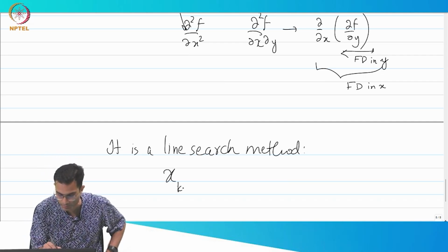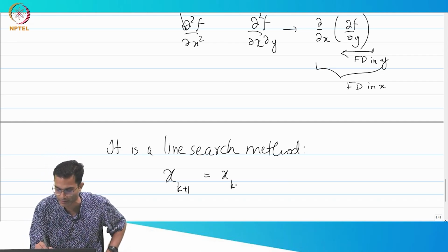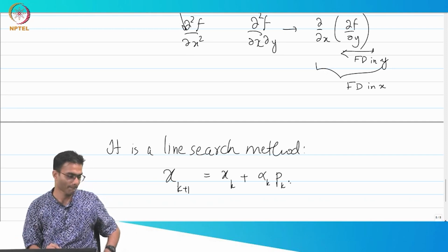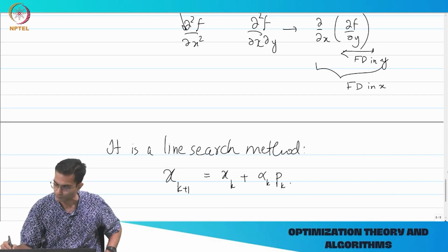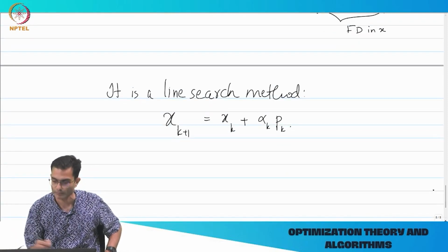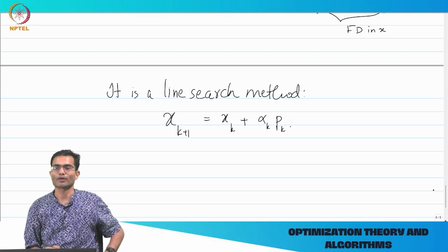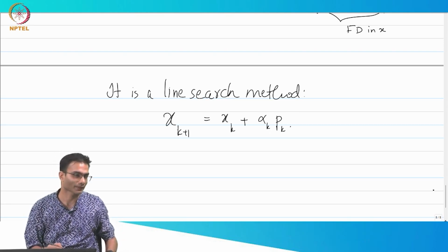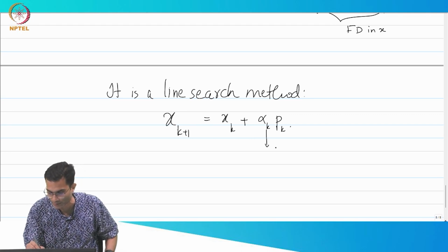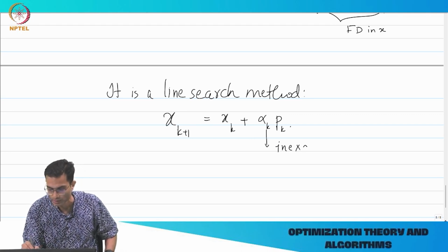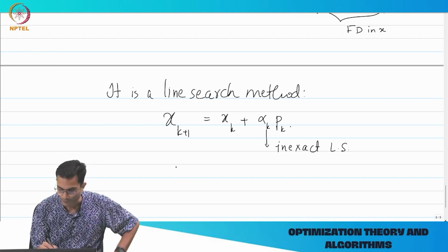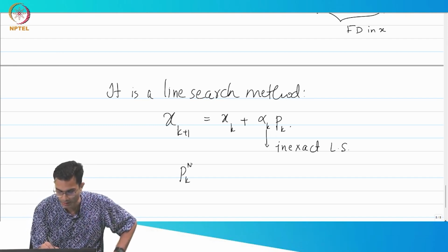So this is going to be simply x k plus 1 equals x k plus alpha k p k. We already have a recipe for calculating alpha, which is inexact line search, so alpha k can come from inexact line search. What was the Newton direction equal to?